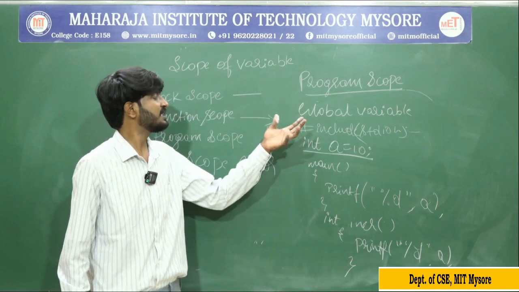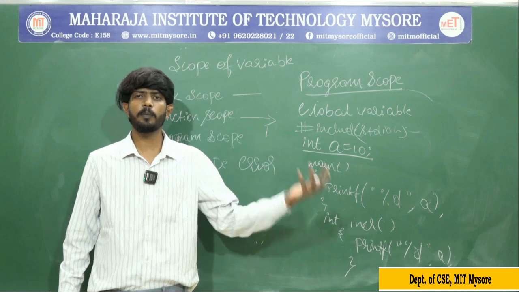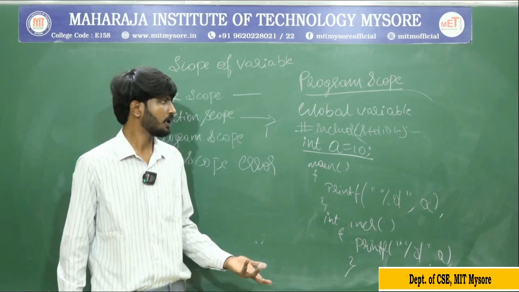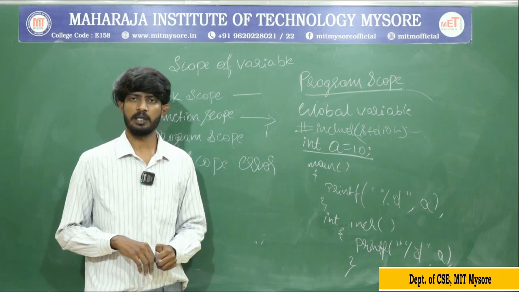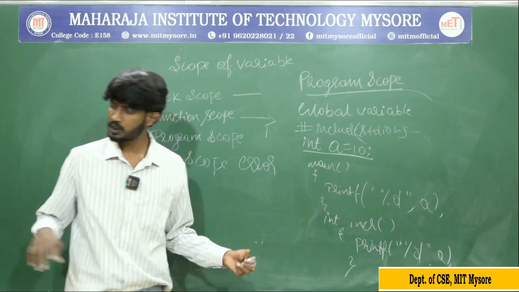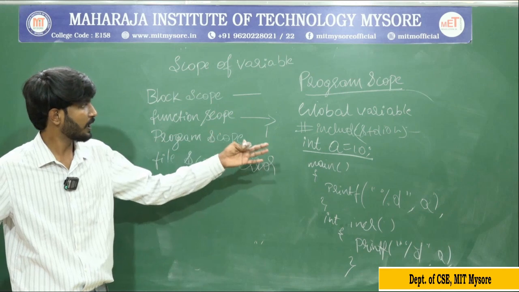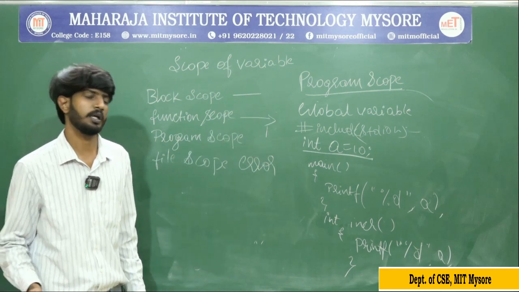So this is the scope of a global variable. This variable can be used anywhere in the application. This is about the global variable, or program scope variable.